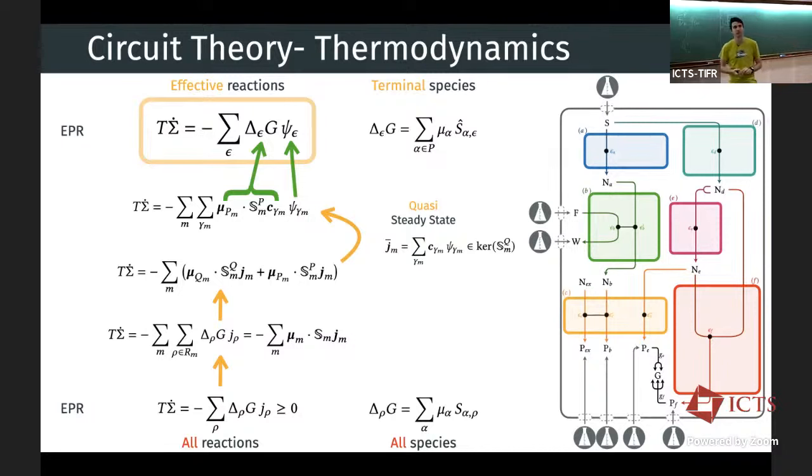Just to clarify, if I understand correctly, quasi-steady state in the simplest terms means that the internal species attain steady state very quickly, but the terminal species, NA, ND, NB, NX and all the others, change in time. Is that the intuitive meaning?